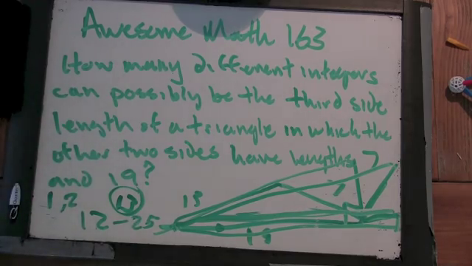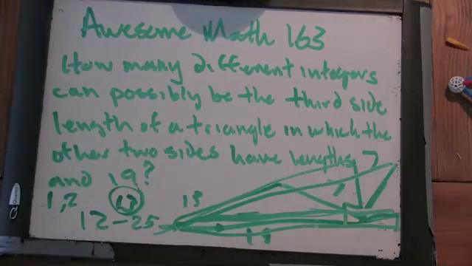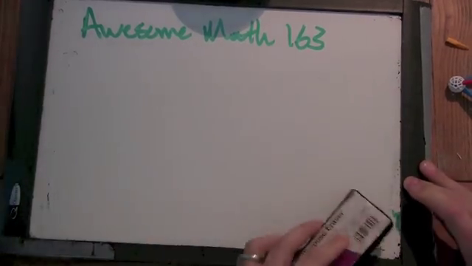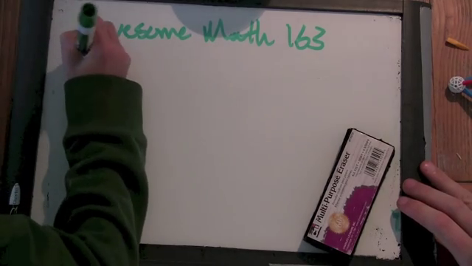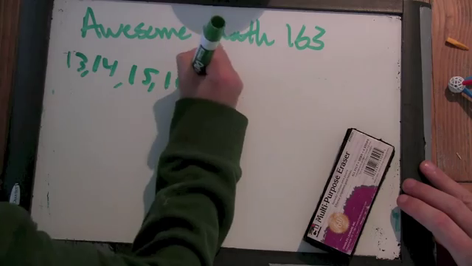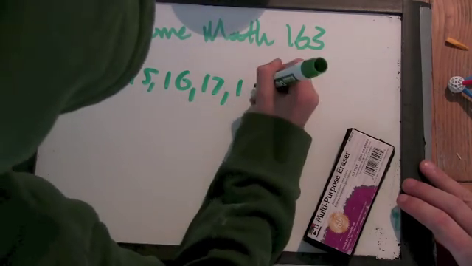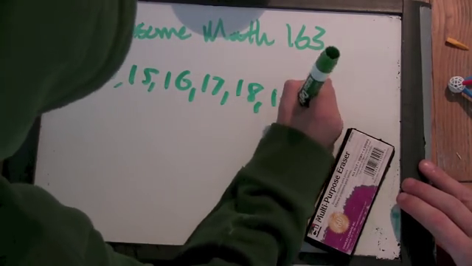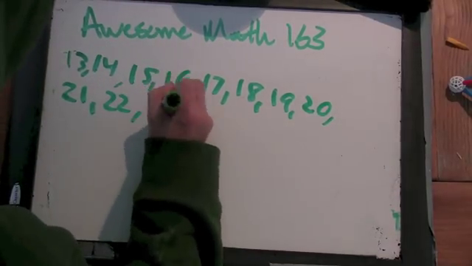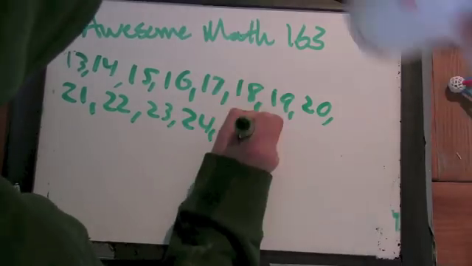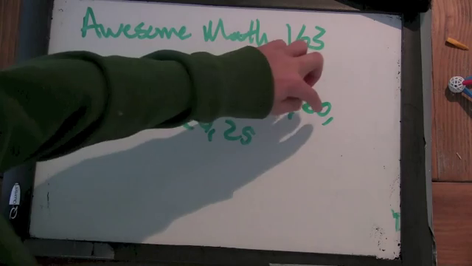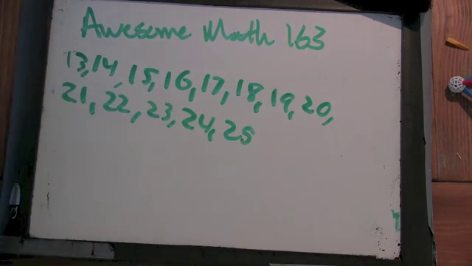You write them out. 13, 14, 15, 16, 17, 18, 19, 20, 21, 22, 23, 24, and 25. How many numbers are there? 1, 2, 3, 4, 5, 6, 7, 8, 9, 10, 11, 12, 13 numbers.